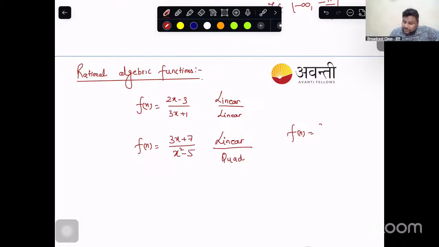Or f(x) = (x² - x + 1)/(x² + x + 1), that is quadratic upon quadratic type. They are called rational algebraic functions.